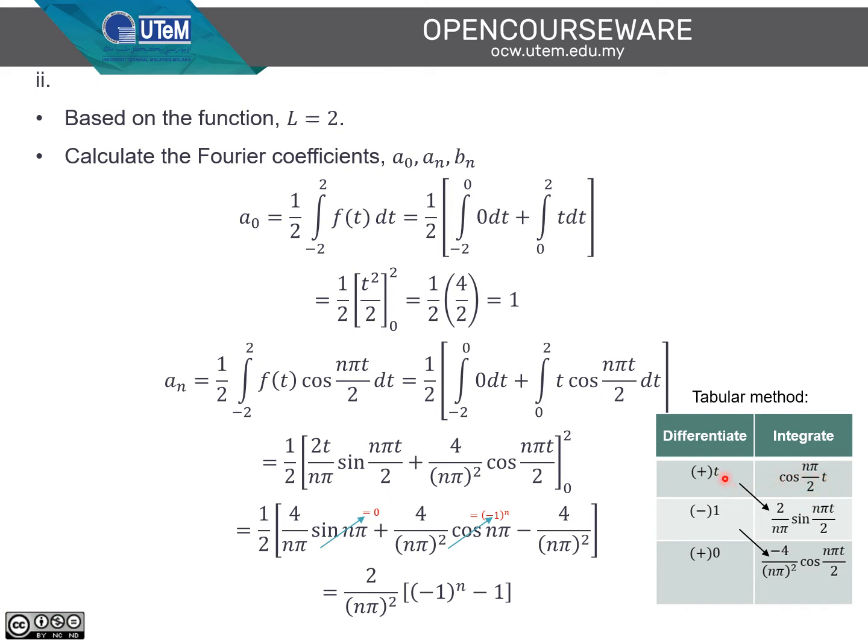By differentiating the function t, we get 1, and when we differentiate the 1 again, we get 0. Consequently, we have to integrate cos(n pi over 2 t) 2 times.